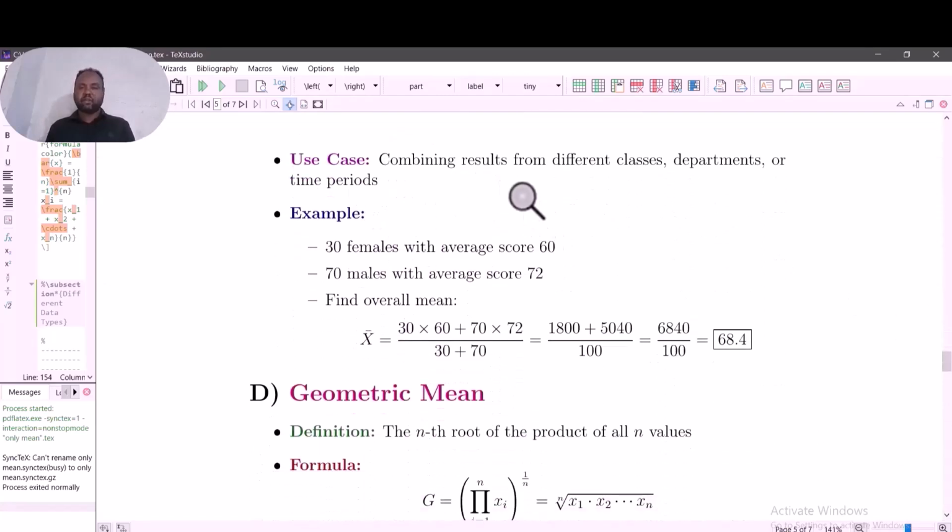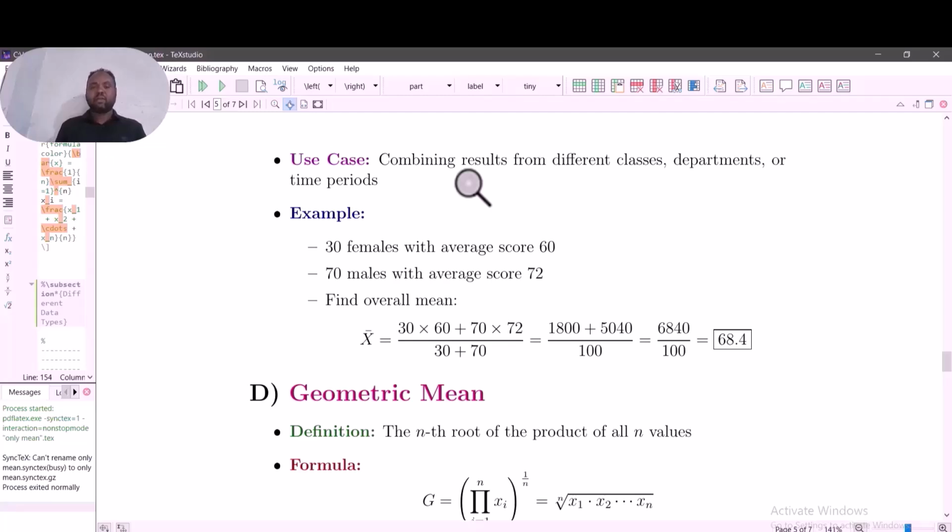This is when we are interested in combining results from different classes, departments, or time periods, right? There is distinction among classes, but those classes are under the same domain. So when we need the mean of each class, we consider the mean of each one. When we need the mean of every individual, combining these classes into one, we make use of this combined mean.